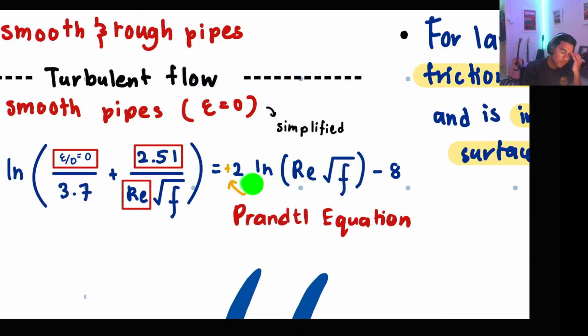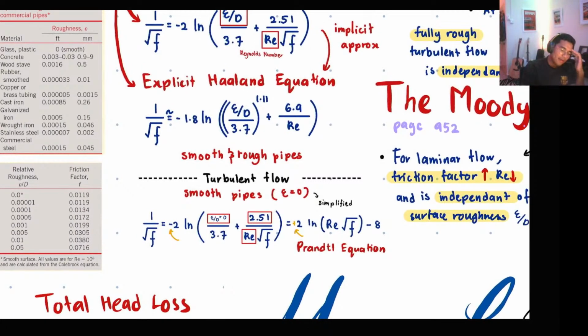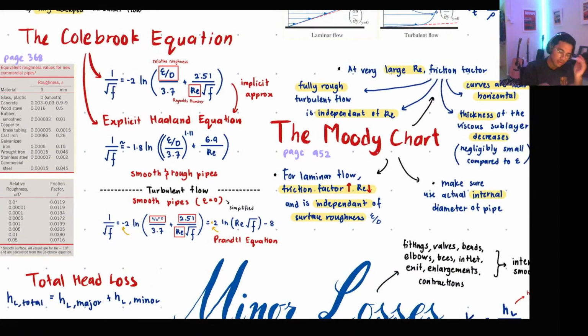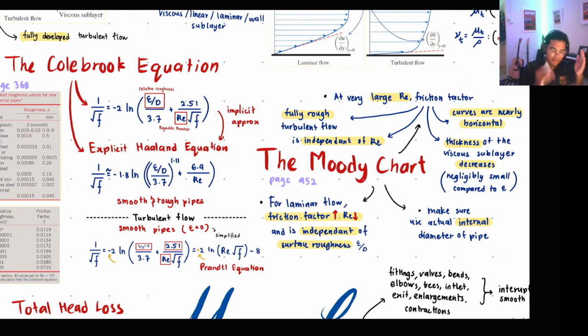So it's just 2 ln bracket Reynolds number times square root of friction factor minus 0.8. This is what we call the Prandtl equation. So the Prandtl equation is for smooth pipes only, where epsilon is equal to 0. Okay, so that is how we find the friction factor.